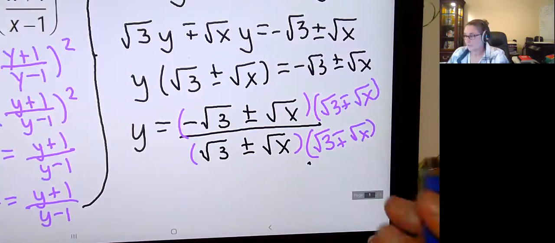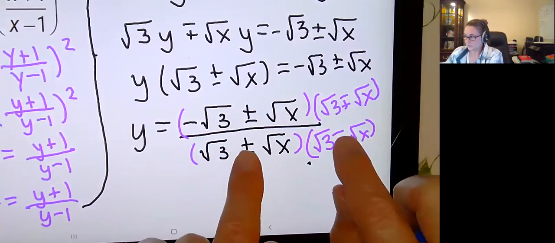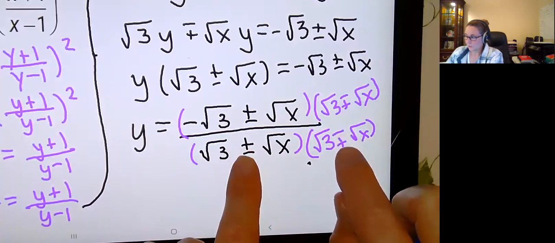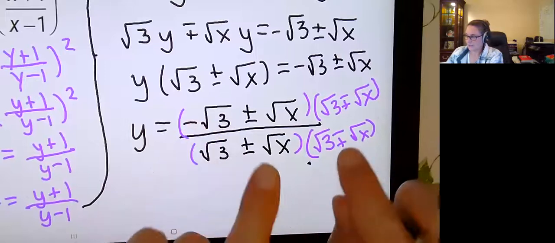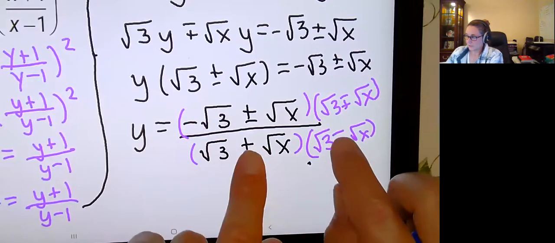Okay, now when I do this and I have root 3 minus root x and root 3 plus root x multiplied together, or if I have the other one, it's going to end up being the same thing. So I don't need to do it twice. What this would do is this would be a difference of two squares.